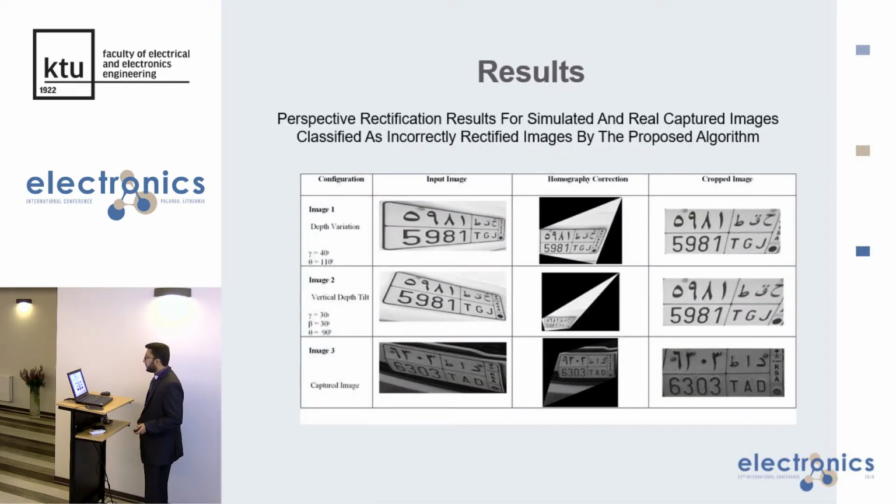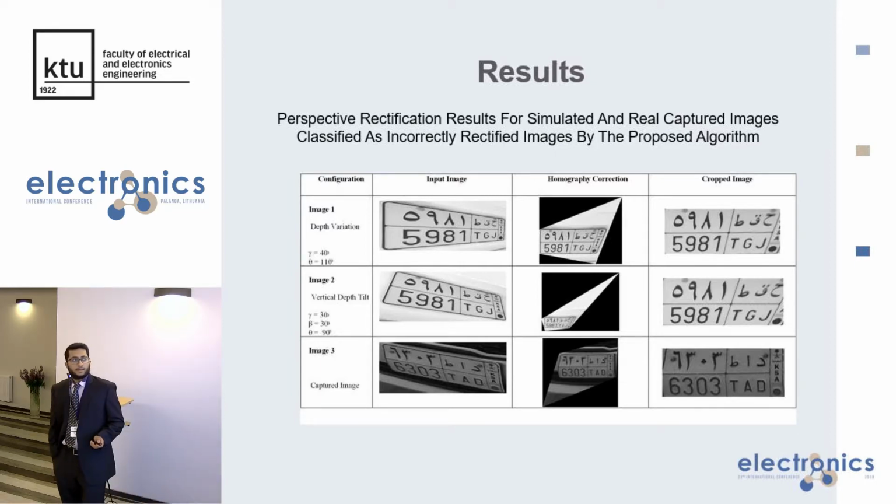Now here are some results when the algorithm did not perform well. Here the perspective angle is 110 degrees and gamma, which is the depth, is 40 degrees. The problem was the binarization step.